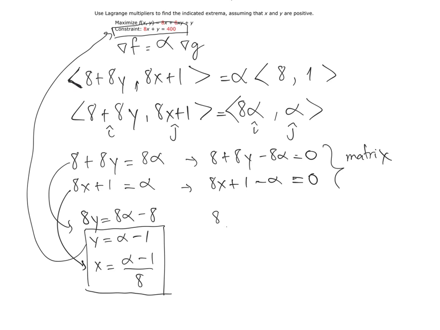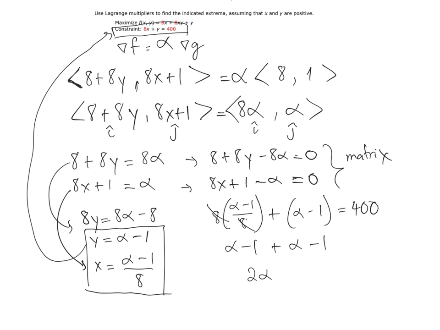So 8x, and your x is alpha minus 1 over 8, plus y, your y is alpha minus 1, equals 400. So your 8 right here cancels, alpha minus 1 plus alpha minus 1. So 2 alpha minus 2 equals 400.